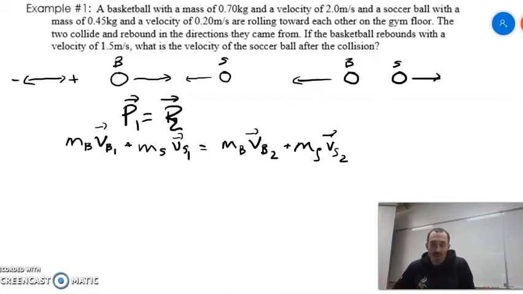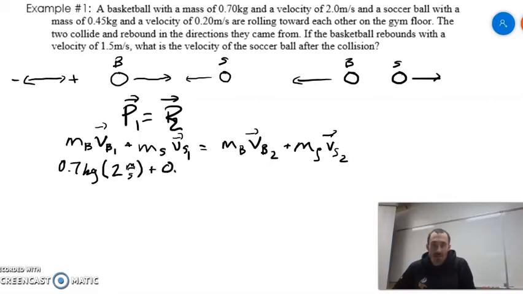Okay, so now we're just going to put in our numbers here and solve for the missing piece. So the mass of the basketball is 0.7 kilograms. The velocity of the basketball at the beginning is 2 meters per second. And that's going to be positive because that's what we named that one.